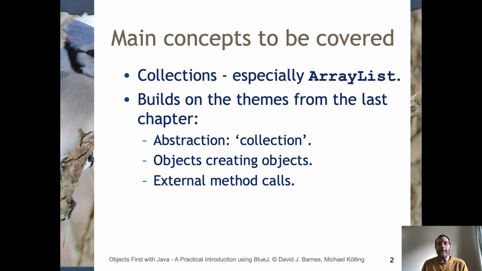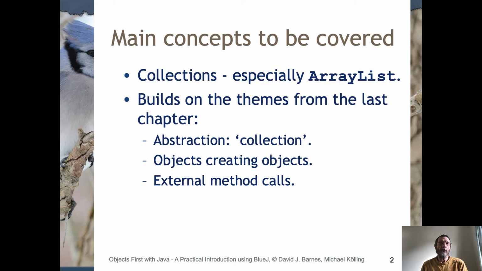In particular, abstraction will figure fairly heavily in this discussion, because we want to think about the idea of a collection as being an abstraction for the idea of storing potentially large numbers of objects together.